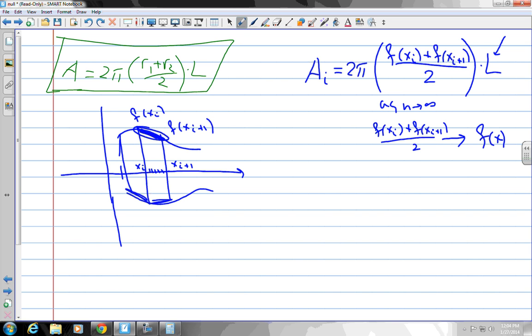So this thing will basically become the value of the function, while this is the length of that segment. So eventually the surface area will become this.